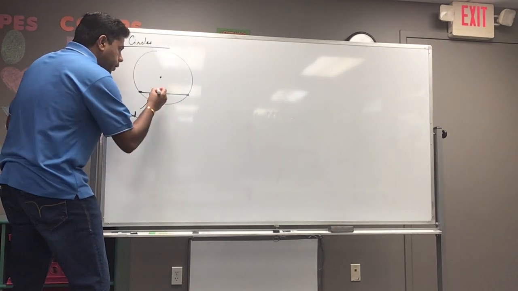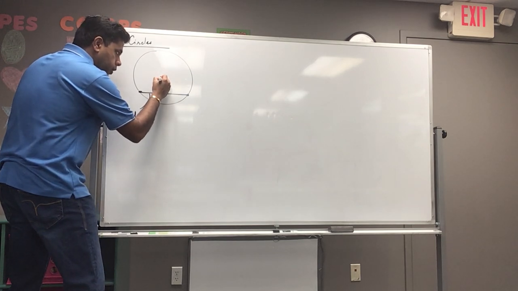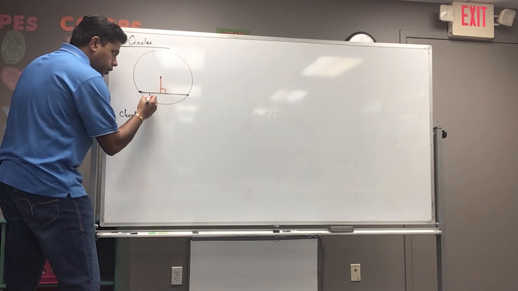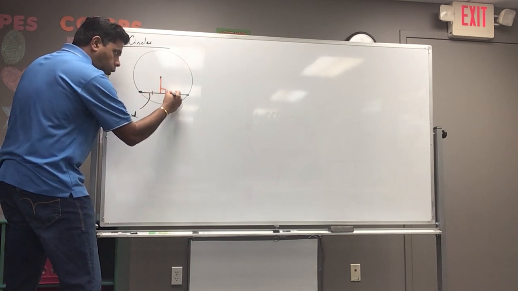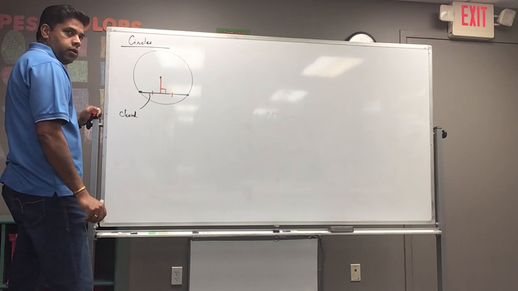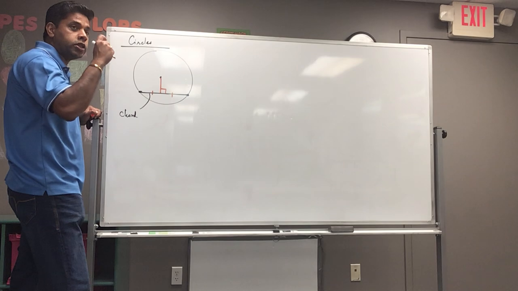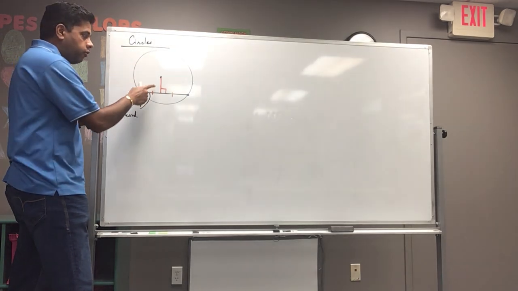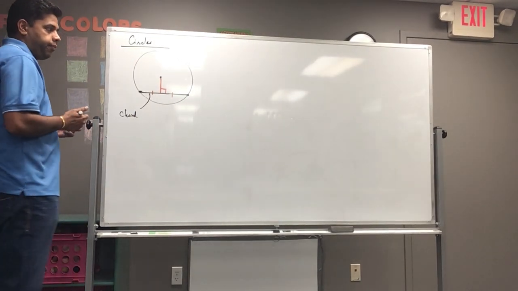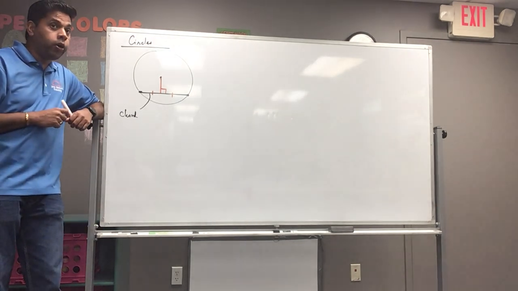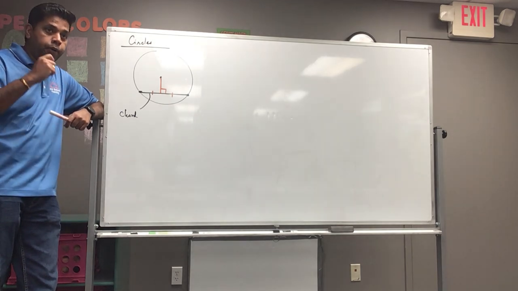I'll draw a line from the center point at 90 degrees to bisect this chord. I'm going to ask you a first question. What is the technical name in geometry for this line now? I'm okay if you're wrong, but I want you to participate.